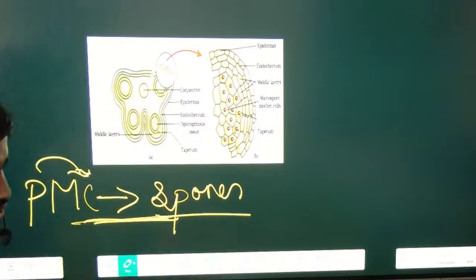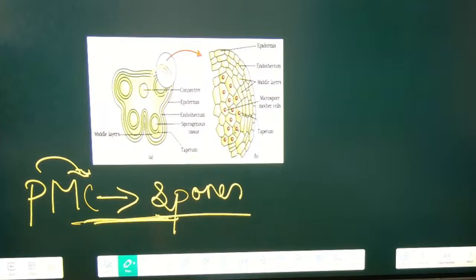It's not a single step process, it's a multiple step process. We'll see the steps of the formation of spores, and the process is called microsporogenesis.